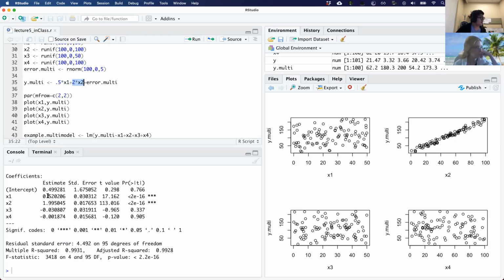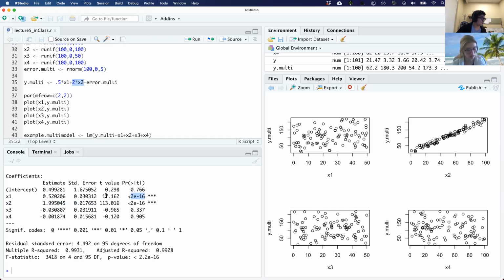So x1 has 0.52, pretty close. This is similar to all the previous examples that we've been doing again and again. And then x2, 1.995. And both are extremely statistically significant, right? You can see this value is tiny.